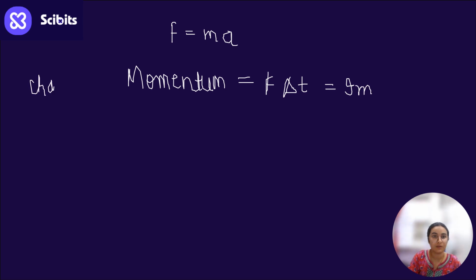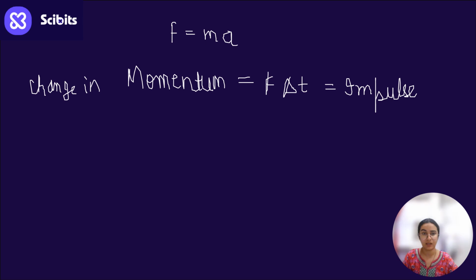This is not momentum, this is change in momentum. Not that important. Okay, I don't find more formulas. I mean, there are formulas, but it doesn't make sense to keep on writing formulas.